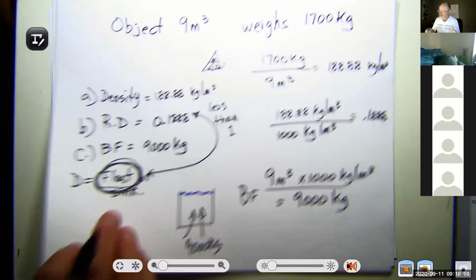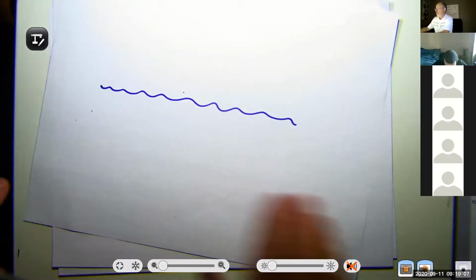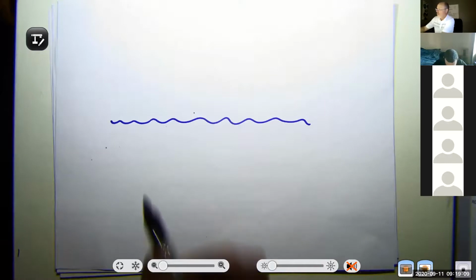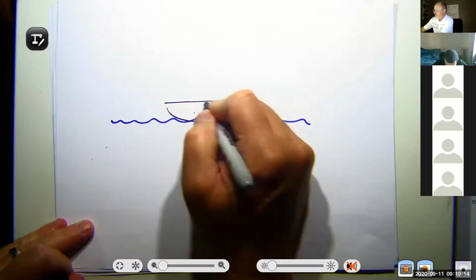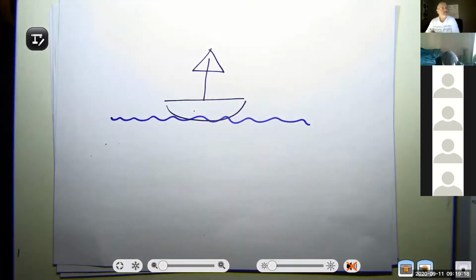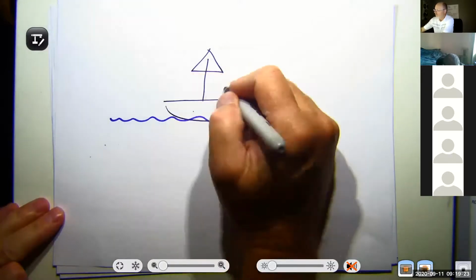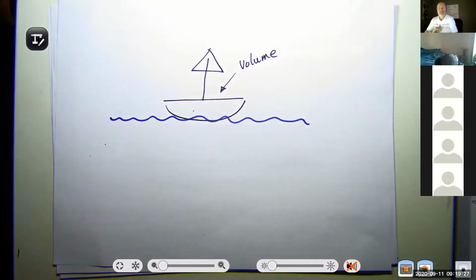Now I'll try to quantify this a little bit. We have boats that float on water, yes? Happy boat sailing along. It's because the volume is very large on these boats.